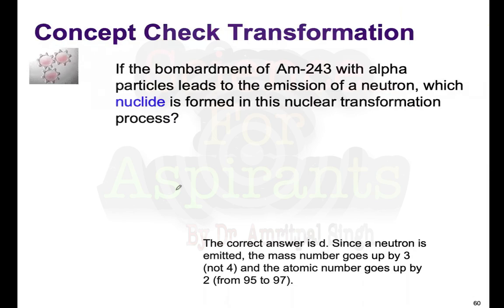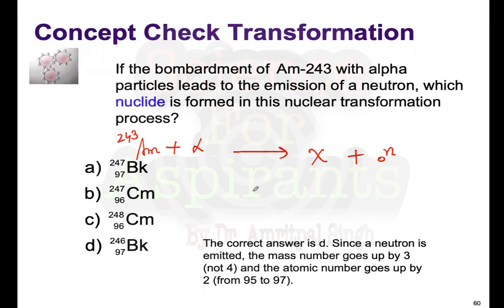Here the question is, if we are bombarding americium whose mass number is 243 with an alpha particle, which leads to the emission of one neutron, and one nuclide is formed, which nuclide will be formed?